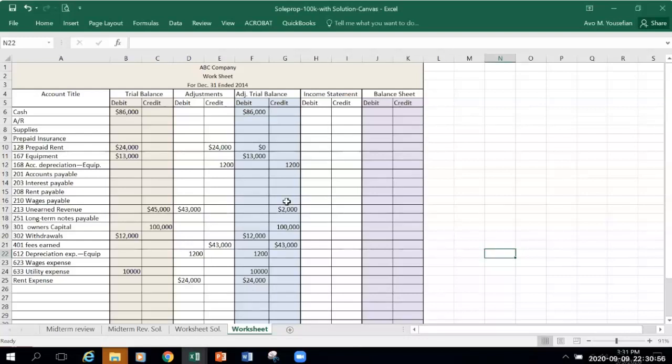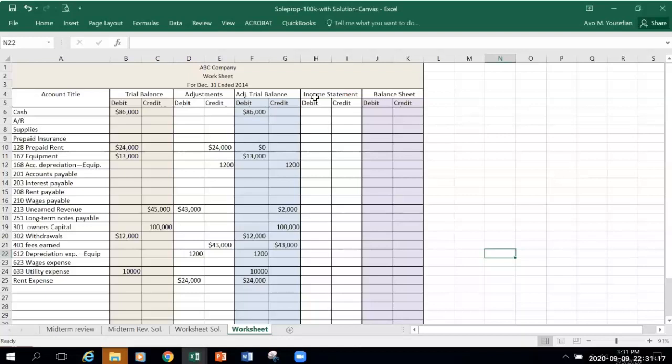And if everyone says good job, then we continue to do the actual adjustment at the end of the year. So we are not doing actual adjustments right now. We are just thinking about it, doing a brainstorm and working on a worksheet.